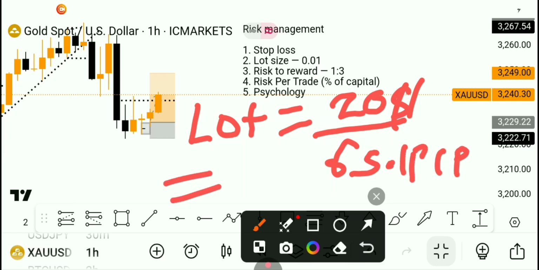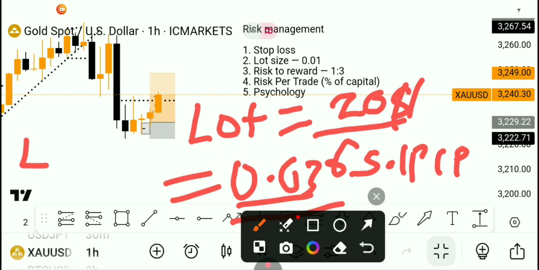So it will be 20 divided by 65.1. It will give me 0.3. Then I have to divide it by 10 again. So it will be 0.03. So this will be my lot size. My lot size will be 0.03 instead of using this 0.01.